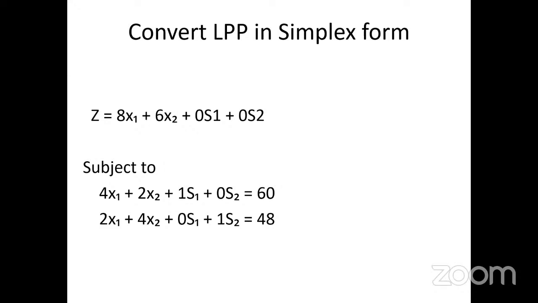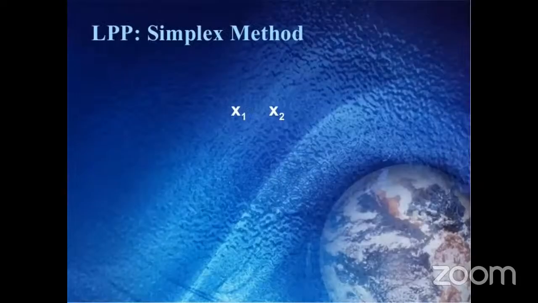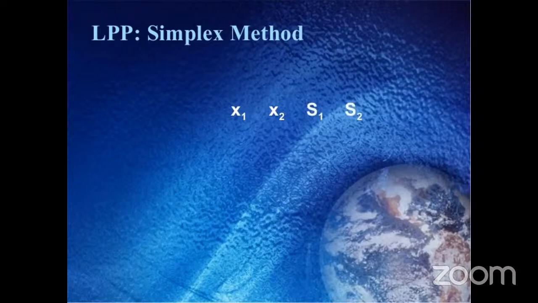We have converted. Now we need to prepare a table, the simplex table, to solve our problem and get the best solution. There must be headings. You can see here the main two variables x1, x2, then slack variables s1, s2.